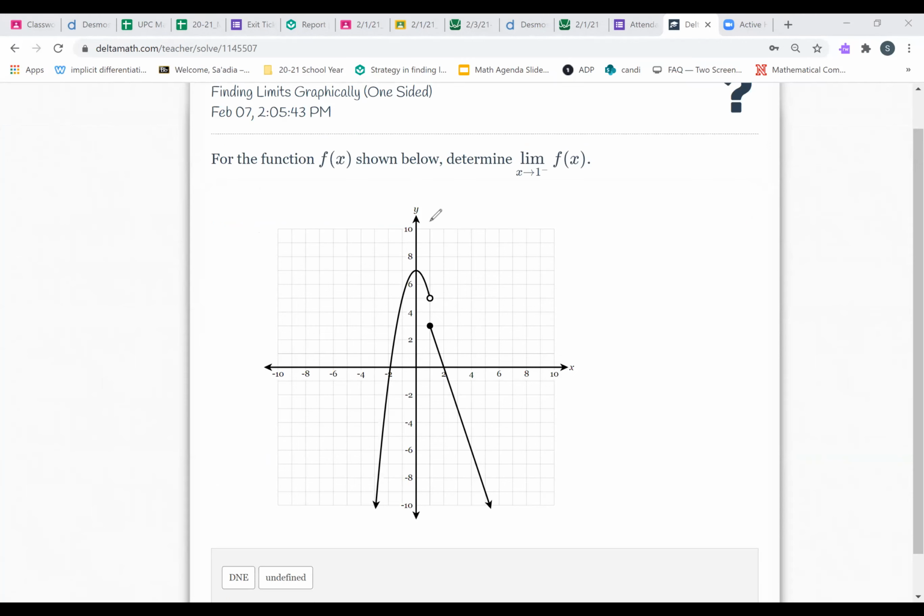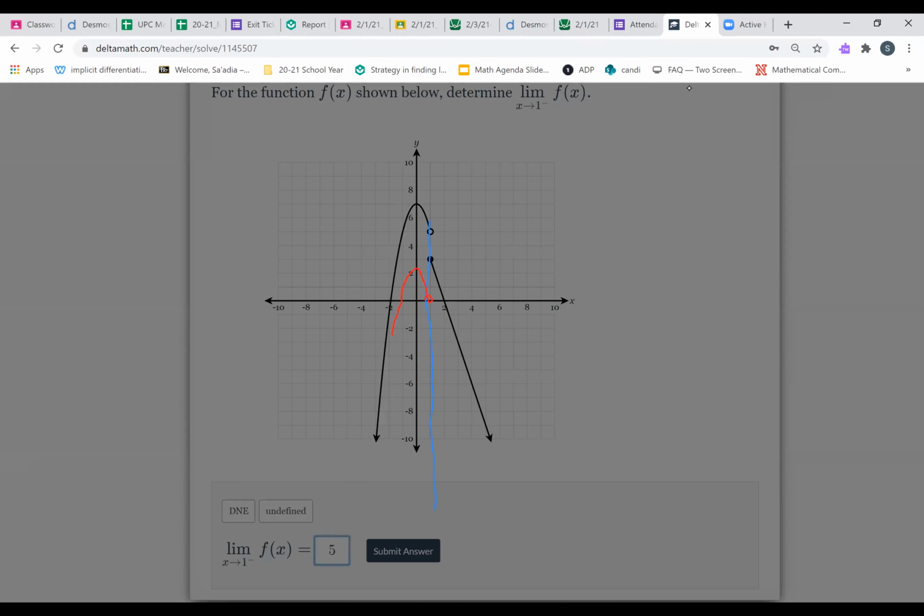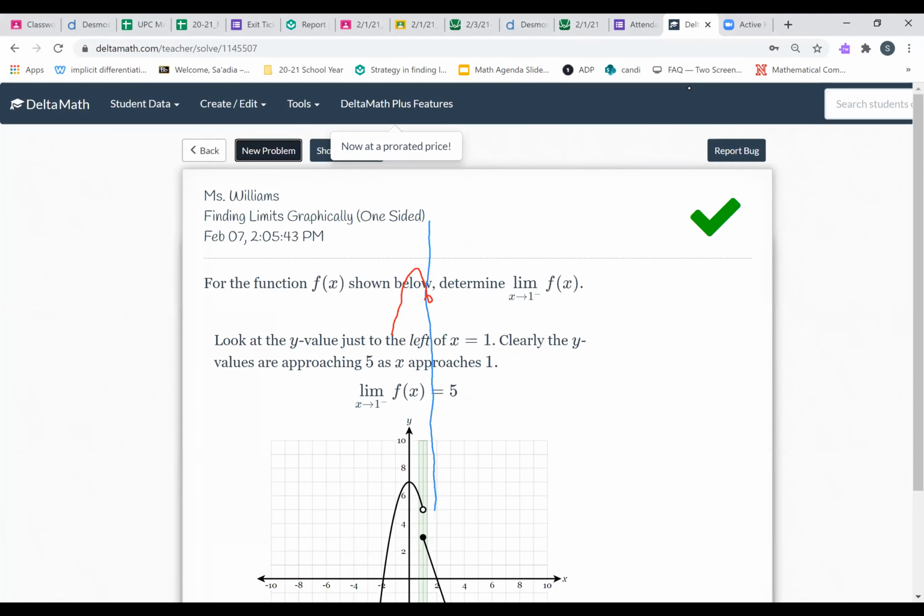So here's x equals 1. You can literally just draw a vertical line through it. And now, to trace it from the left, follow the line coming from the left and see what y value you land on. You land at 5. So my limit as x approaches 1 from the left is going to be equal to 5.